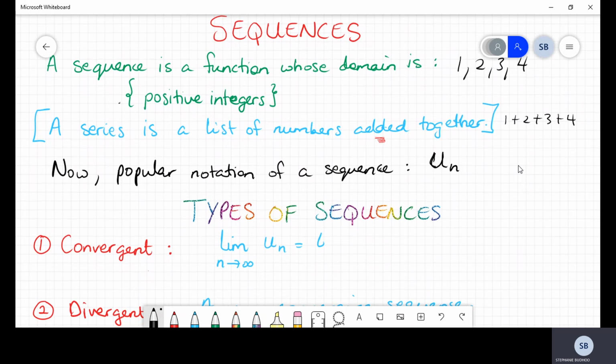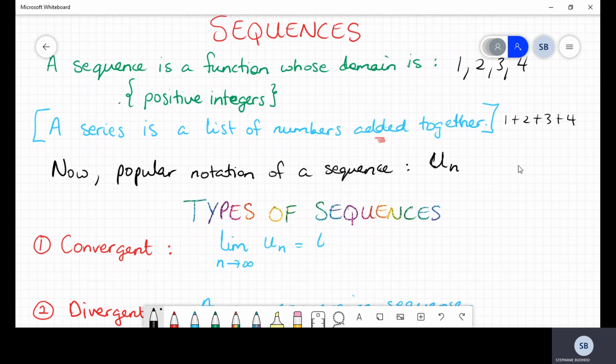I'll try my best to show you guys some diagrams soon, right? So we have probably around 5 types of sequences. We have convergent, divergent, oscillating. We also have periodic and alternating. I didn't write them in. Perhaps I should have.